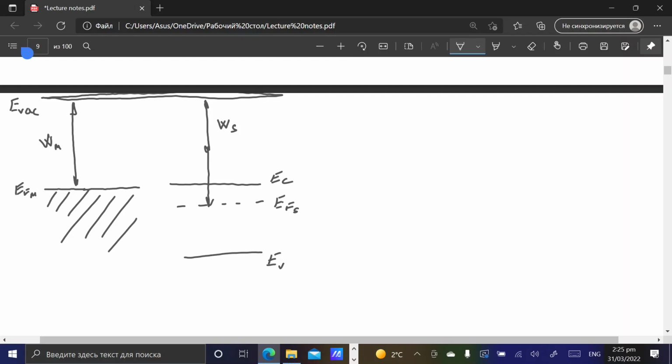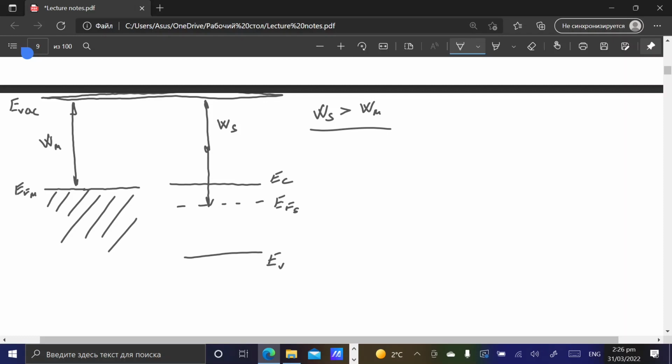So the work function of the semiconductor is larger than the work function of the metal. How will the net flux be oriented now? Last time, you remember, it was going from the semiconductor to the metal. Now obviously it will go in the opposite direction because the work function of the metal is smaller.